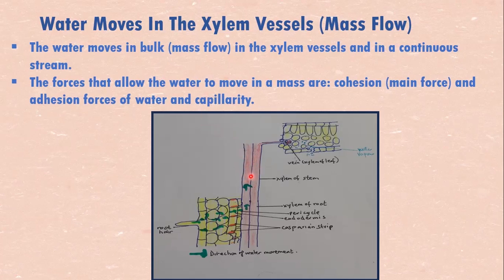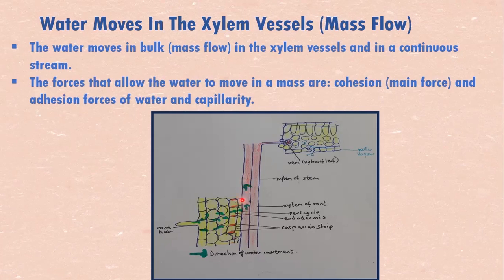Because the xylem vessels are very tiny, they can be as tiny as 0.01 millimeter in diameter, so they are very thin vessels. So capillarity of water, that is water flowing in very thin vessels, also allows the water to be able to move in bulk, that is mass flow.